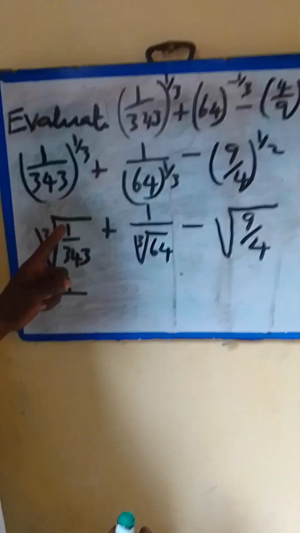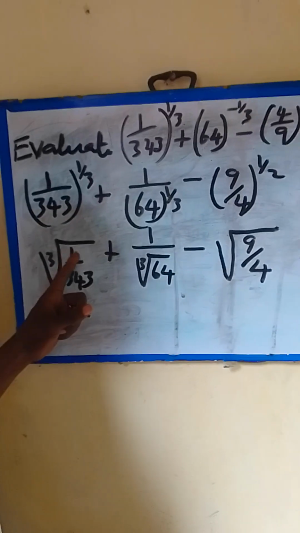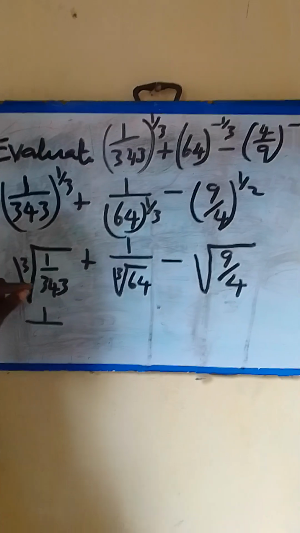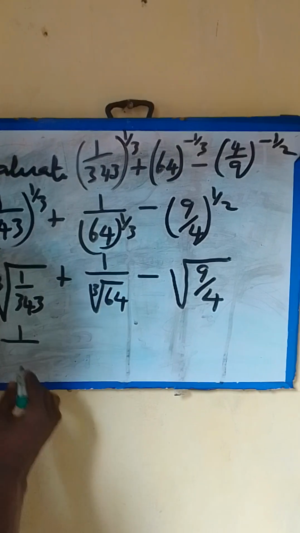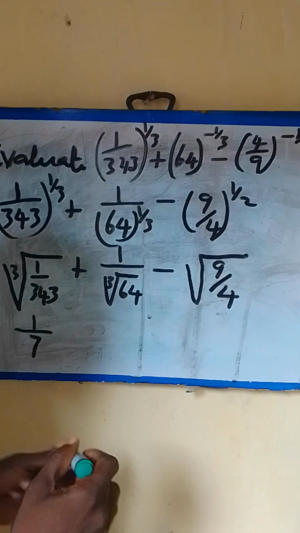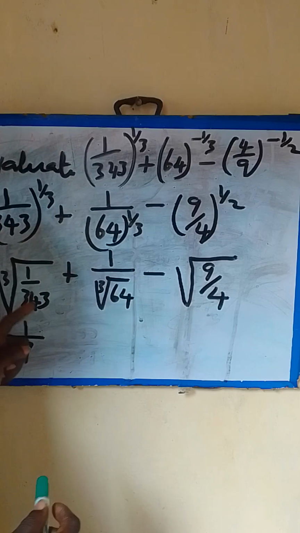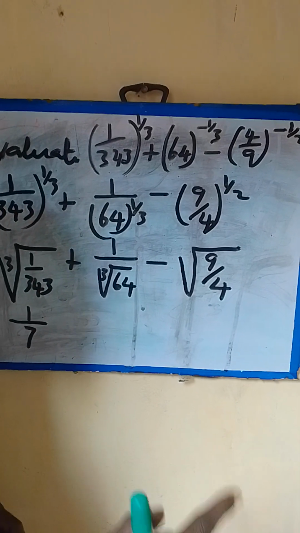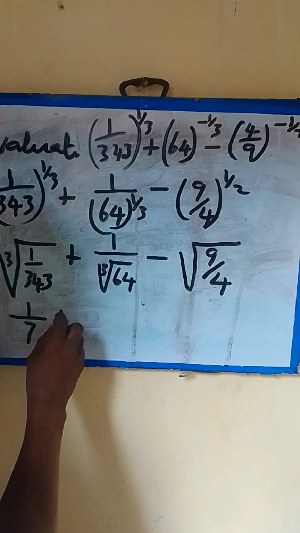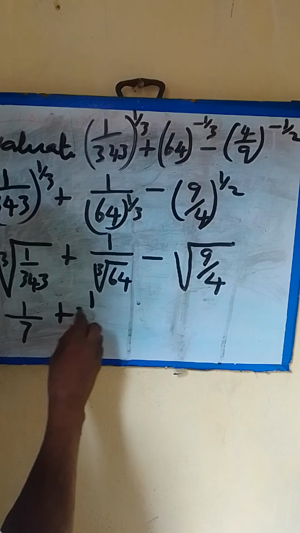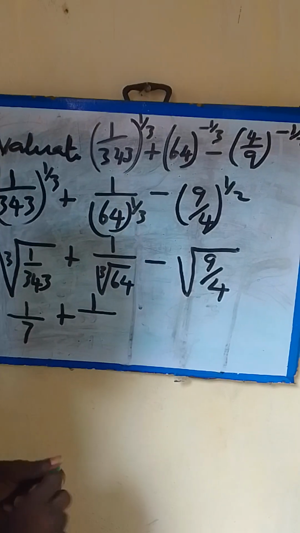So 1 times 1 times 1 will give you 1. Now the cube root of 343 is 7. When you multiply 7 three times, it will give you 343. That is 7 times 7 times 7 will give you 343, plus 1 all over the cube root of 64.